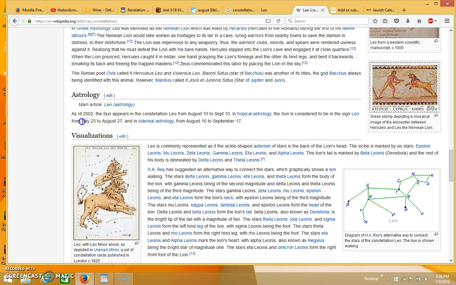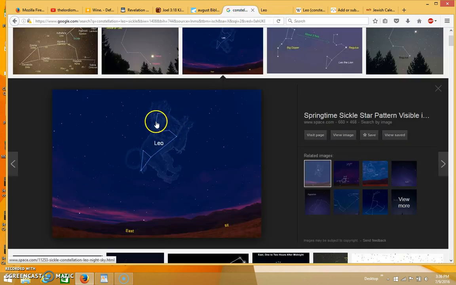So anytime from July 23rd to about September 17th would be considered to be the constellation Leo, or the time that the sun is in the constellation Leo, which you can see in this image right here.